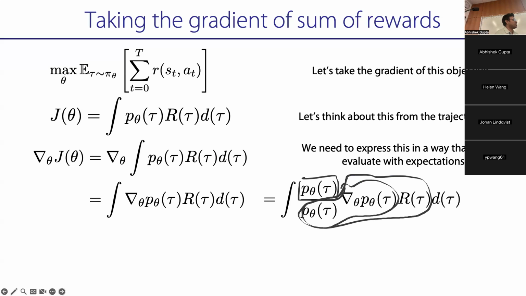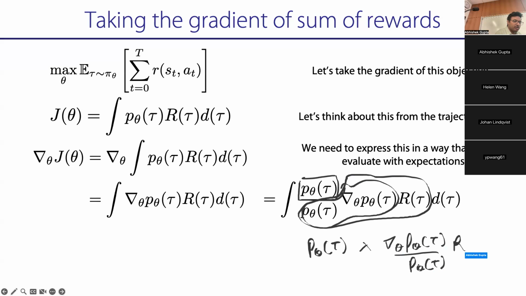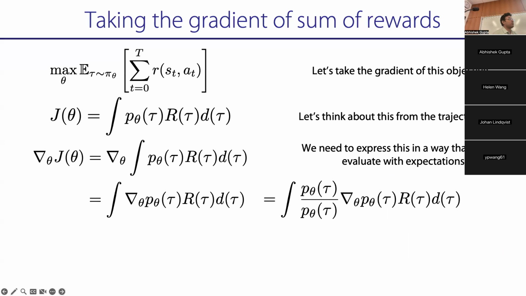So we just multiplied and divided and rearranged the terms a little bit. We wrote this as p theta of tau times grad theta p theta of tau divided by p theta of tau times r tau d tau, right? And this starts to look like an expectation again. So we're happy.